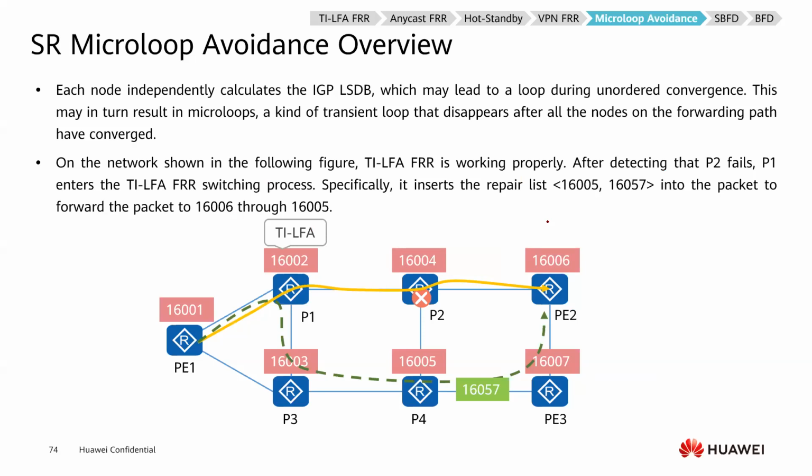Okay, besides those kinds of FRR, which are all in case something happens, like if a link or node breaks down, how to handle it, there will be some other protection techniques, such as micro loop avoidance.